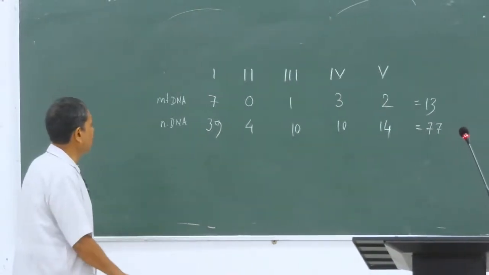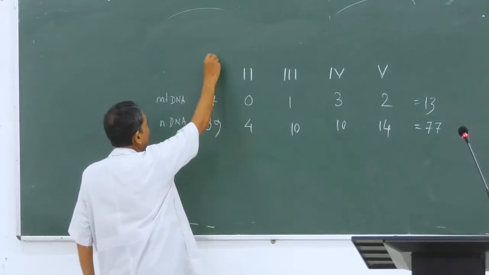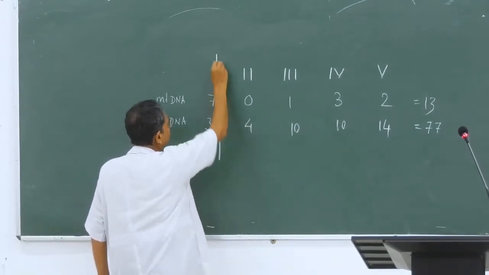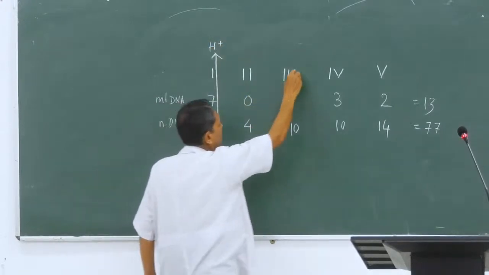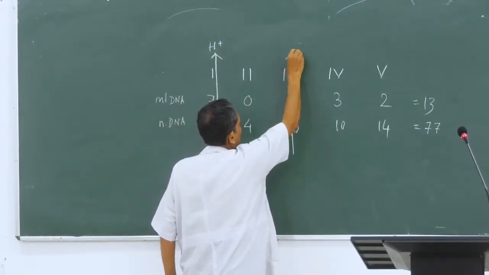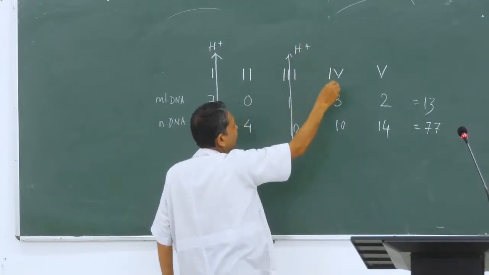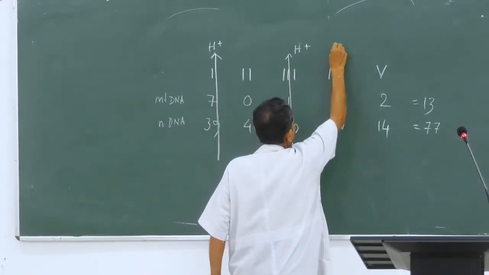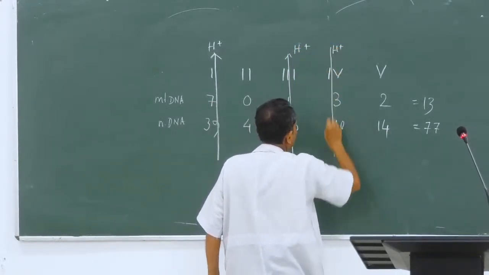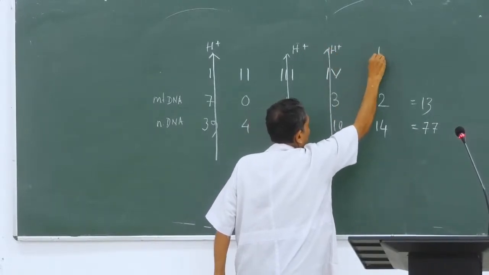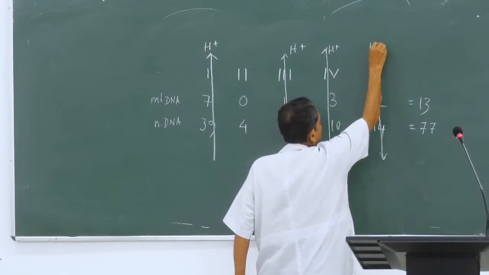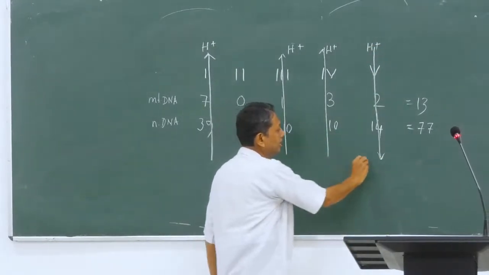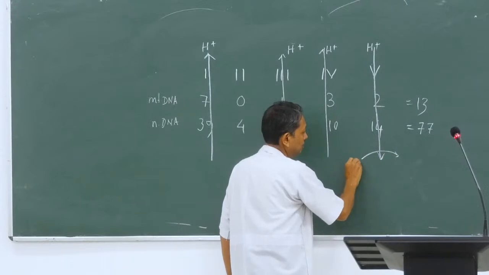And there is transfer of hydrogen ion from this matrix space to interspace through this route. And when through this route hydrogen ion enters, then there is generation of ATP.